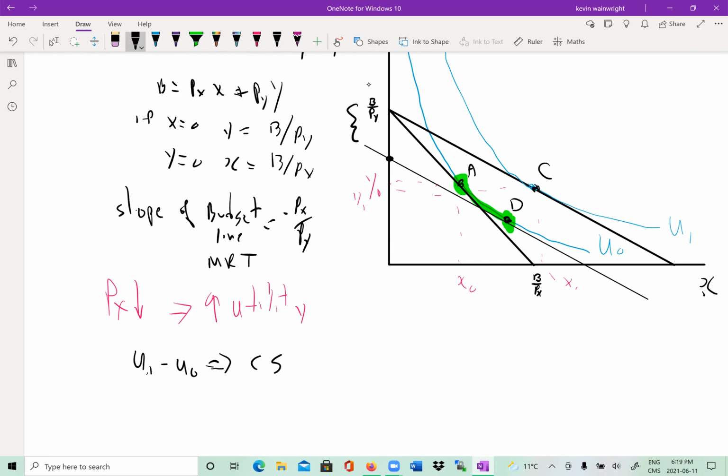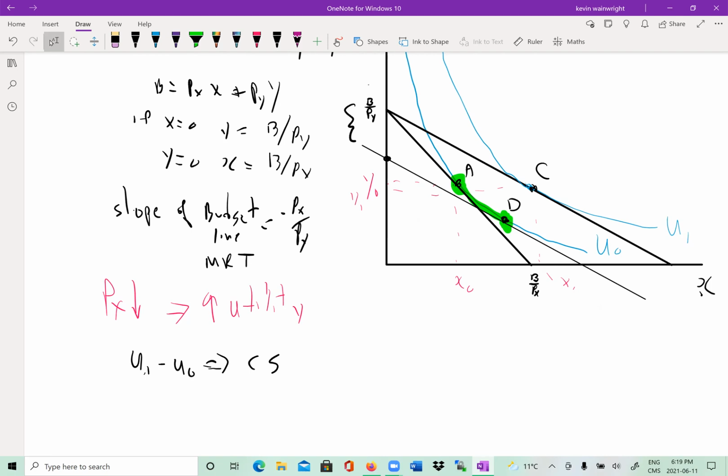Now, I've corrected for the extra utility by taking away budget so you're indifferent between the higher price and the lower price. So A to D is equal to the pure substitution effect. And D to C is the pure income effect.